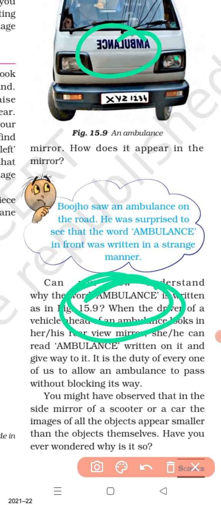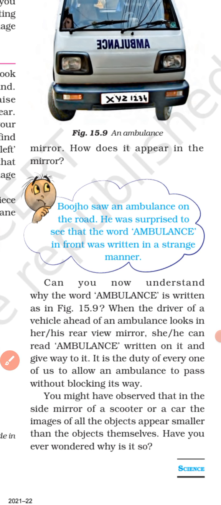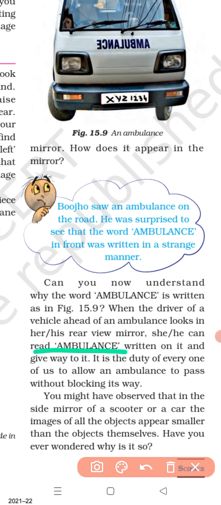The image formed in a plane mirror is laterally inverted with respect to the object. So this is the reason. Can you now understand why the word ambulance is written as in figure 15.9? When the driver of a vehicle ahead of an ambulance looks in his or her rear view mirror, she or he can read the word ambulance written on it, and gives way to it.